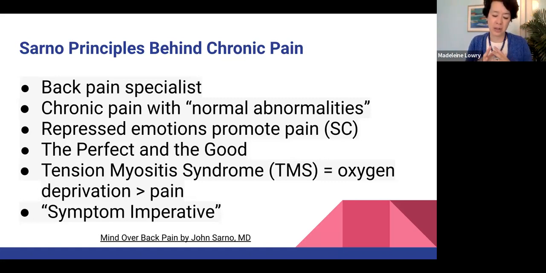He started to explore the psyche, our thoughts and emotions, and the connection that they had with chronic pain syndromes, because he recognized that amongst his patients, there were certain personality types, right? Certain personality traits, certain common characteristics or histories.